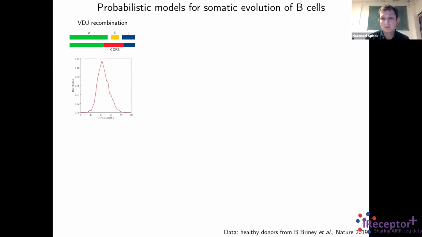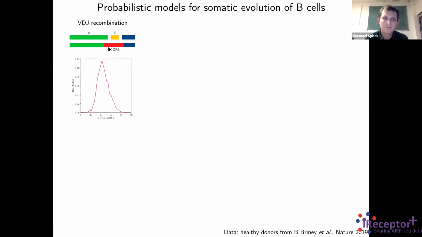of clonal types that we see in B-cell repertoires, particularly as measured or as evidenced by repertoire sequencing. The cornerstone of this diversity is the process of VDJ recombination, where these three genes are joined together in a stochastic fashion to give rise to a large pool of very diverse sequences.